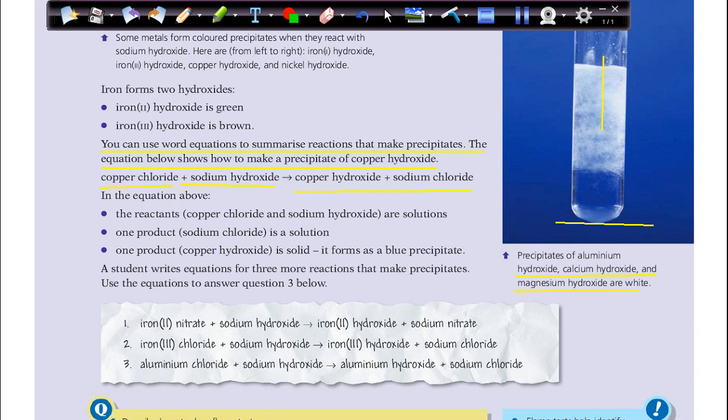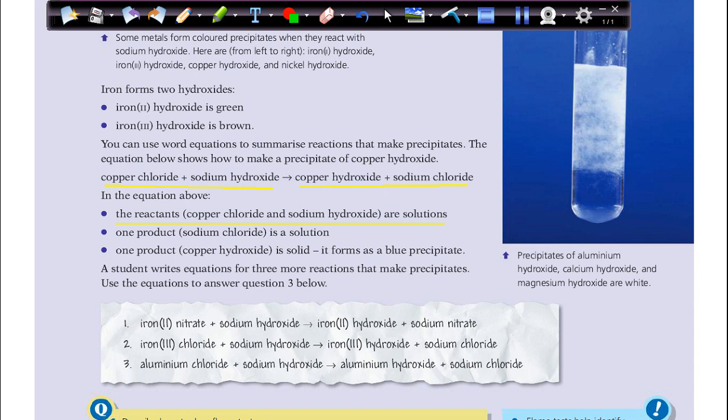In the equation above, where are the reactants? As we mentioned earlier, the reactants are on the left of the arrow. Here are the products, which are on the right of the arrow. So here, the reactants, copper chloride and sodium hydroxide, are solutions.